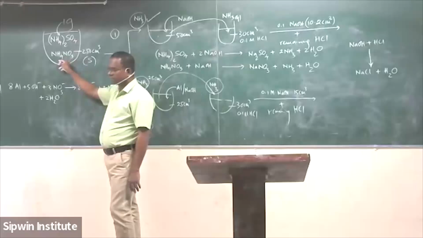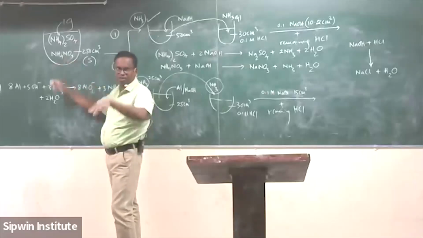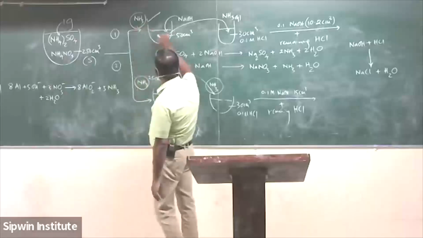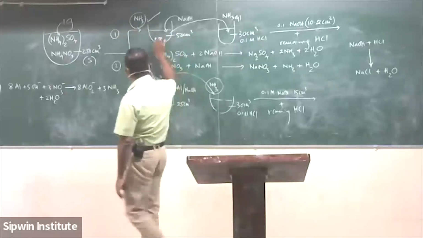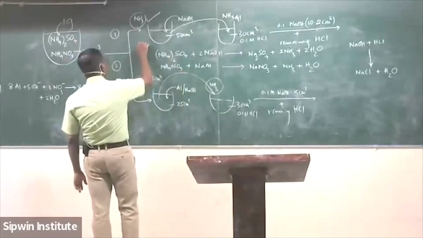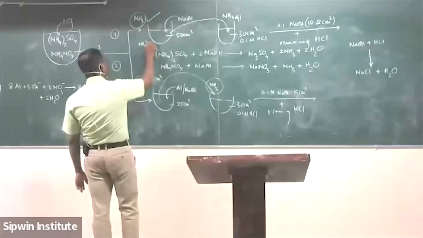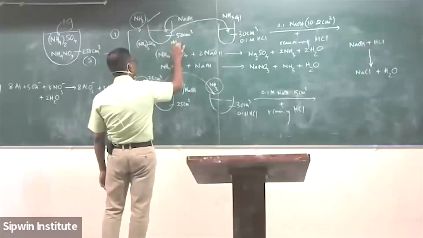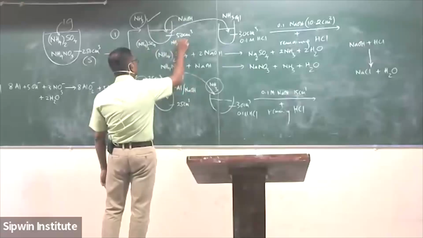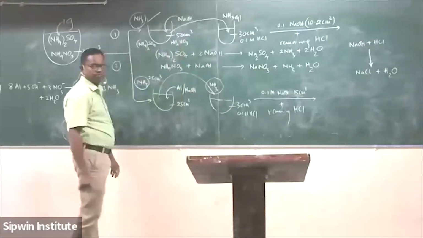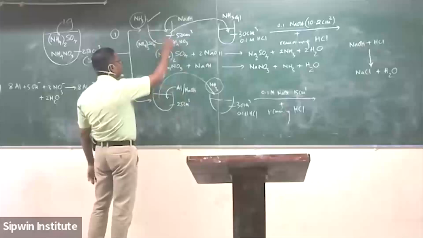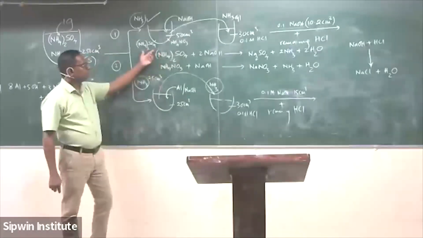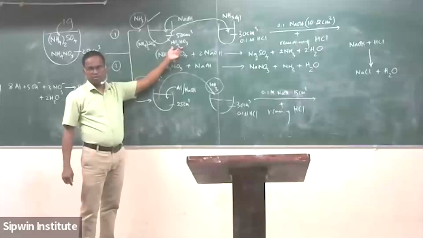From the ammonium nitrate, how much ammonia is released? This 50 here contains two components, ammonium sulfate and the ammonium nitrate. Both are there, right? Ammonia given by the ammonium nitrate here.